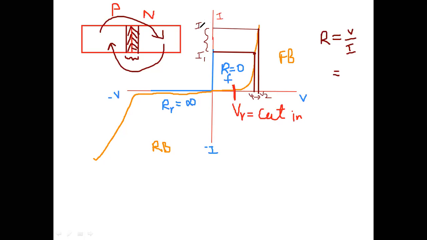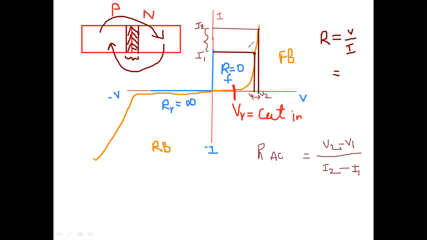If I take the ratio of the differences, V2 minus V1 by I2 minus I1, that is, the difference of voltages over the difference of currents, it is called dynamic resistance. It's also called AC resistance or dynamic resistance.